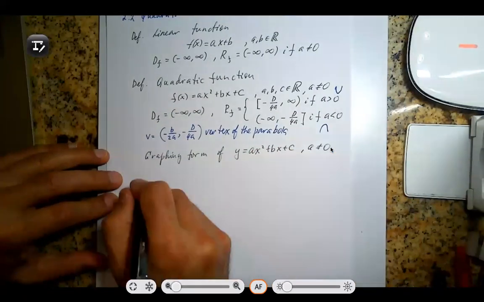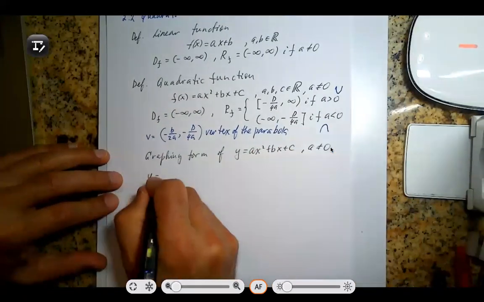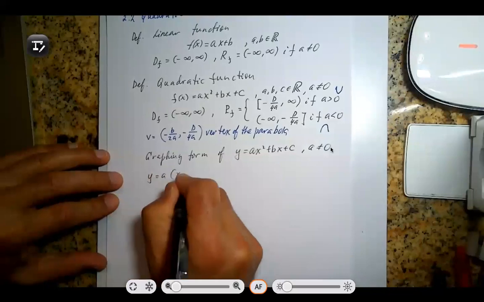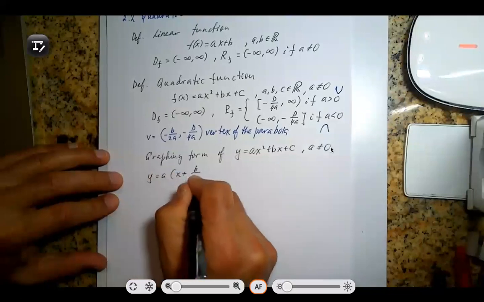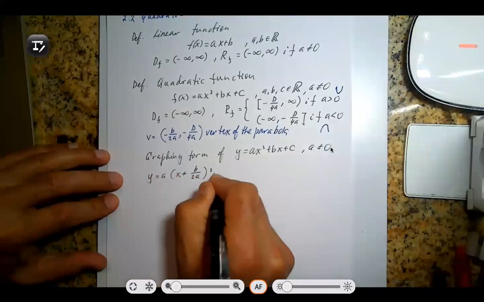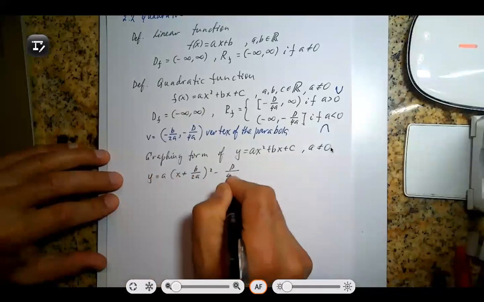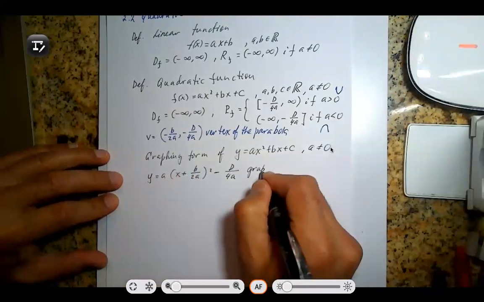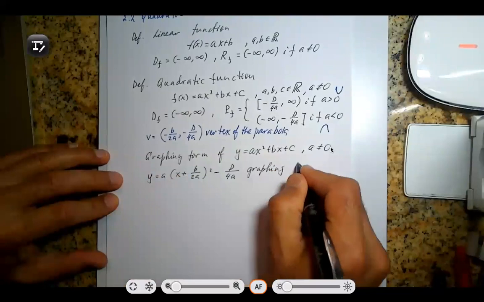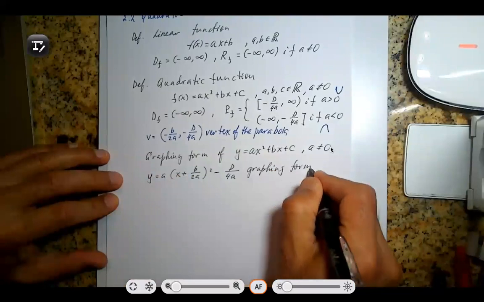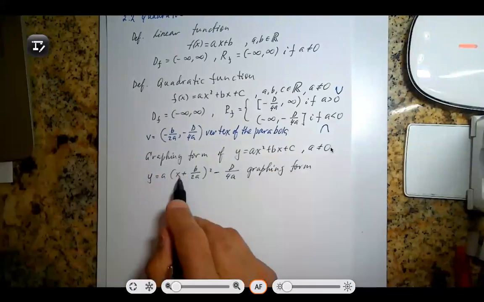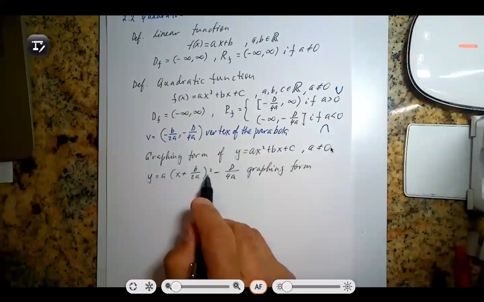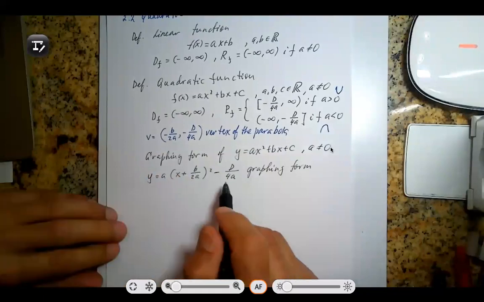How to rewrite this? It's a times x plus b over 2a squared minus b over 4a. That's a graphing form. So when x equals negative b over 2a, the y equals negative b over 4a.